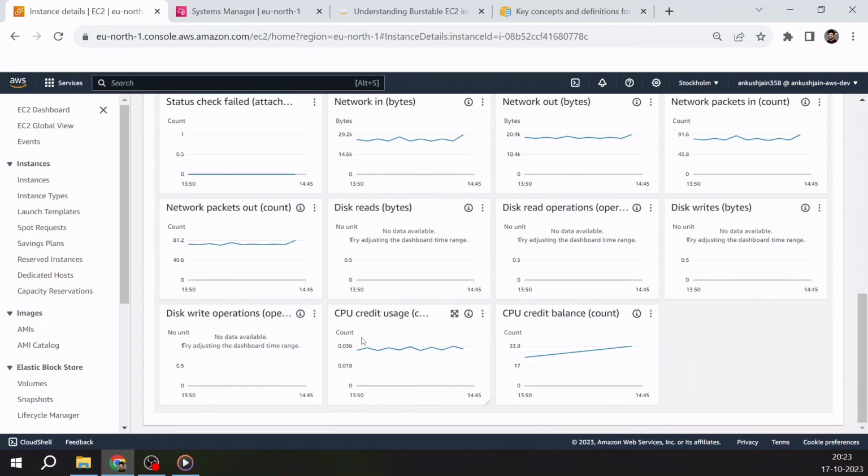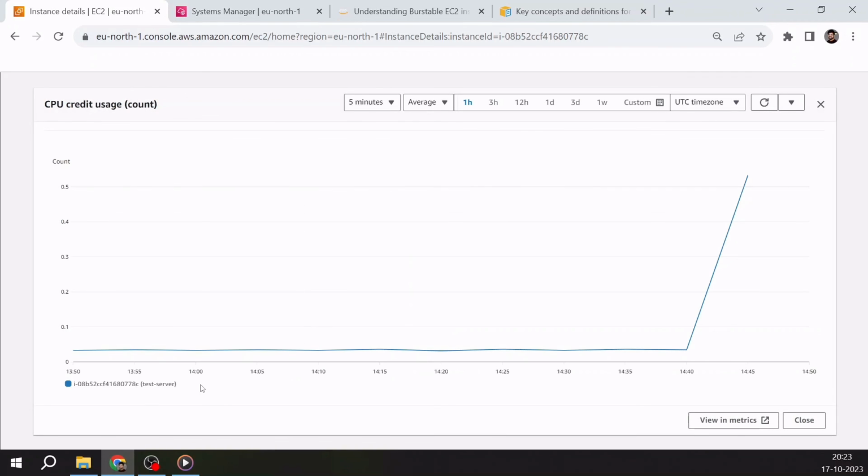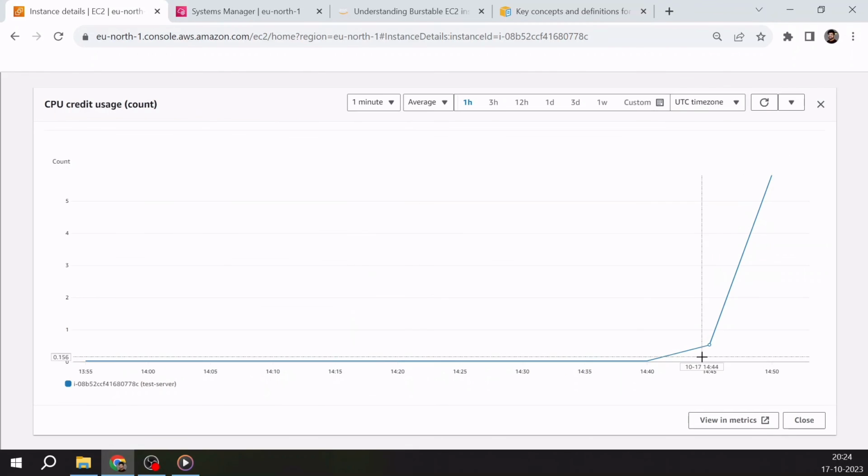Now if we see the credit usage, because we had earned a lot of credits, the CPU credits were not being used when it was running at zero CPU utilization, but when we put the stress on, because we ran it for 3 minutes, it should have consumed three credit units. Why is it not like that, let me see.